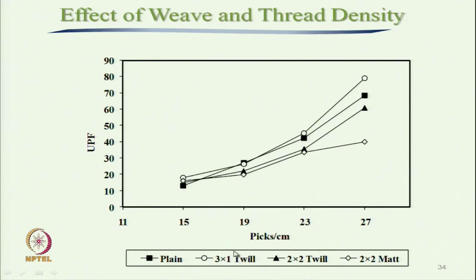The picks per centimeter. As we increase the picks per centimeter, the pick density, we get a compact structure keeping all other parameters constant. So, with the increase in picks per centimeter, the UPF increases because the effective openness of fabric reduces.